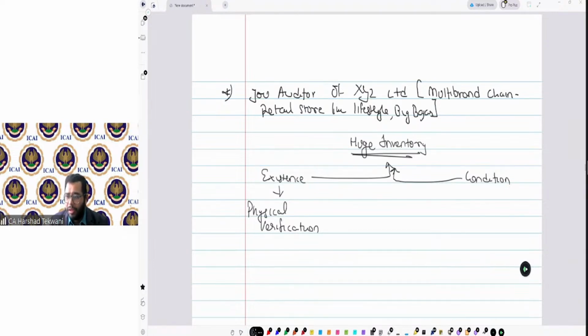How will you verify the condition of the inventory? Expert opinion, okay, Mohammed. Verifying the closing inventory, good Manoj. What else? How will you verify the condition of the inventory?